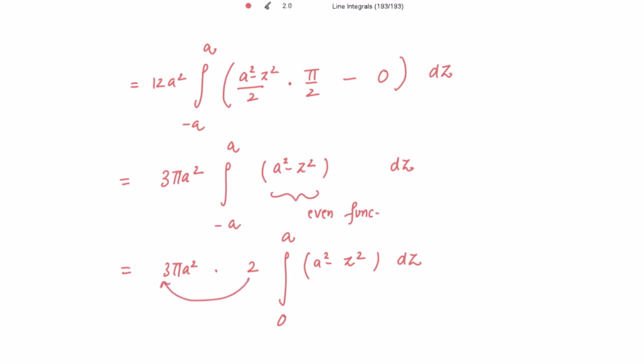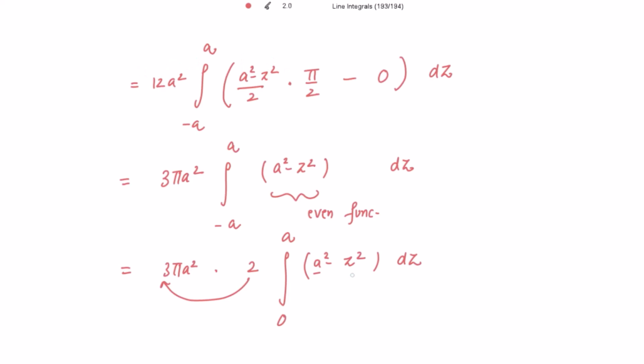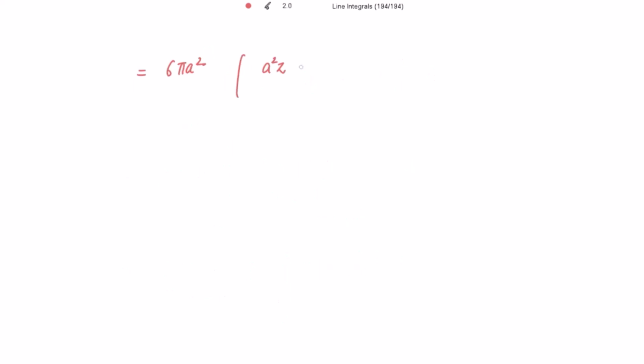Multiplying 2 with 3, I get 6 pi a square, and integration of a square is a square z. Integration of z square is z cubed by 3. So this is minus z cubed by 3, and the limits from 0 to a. So this is 6 pi a square.